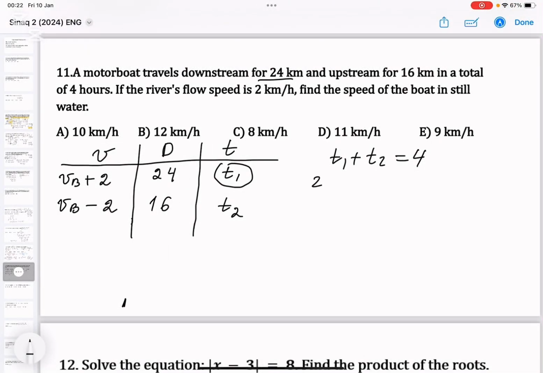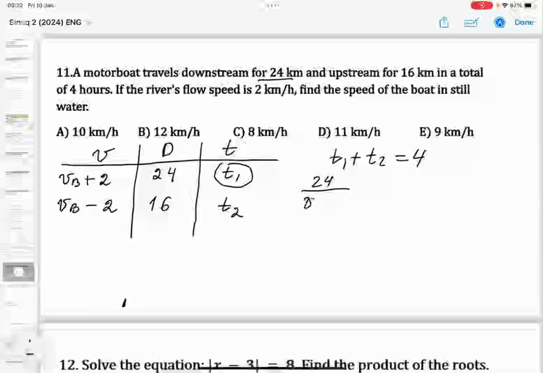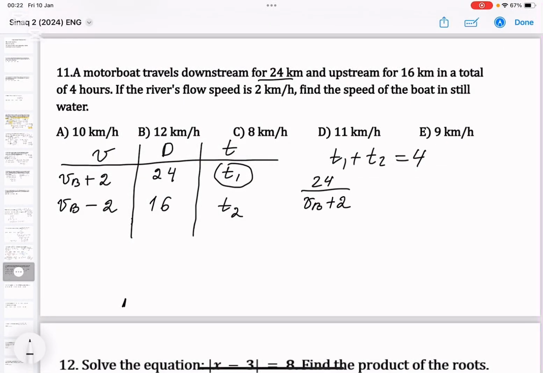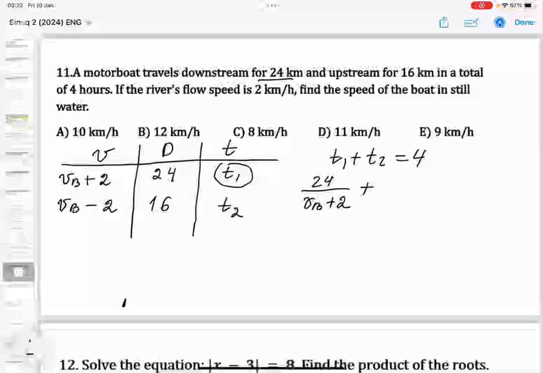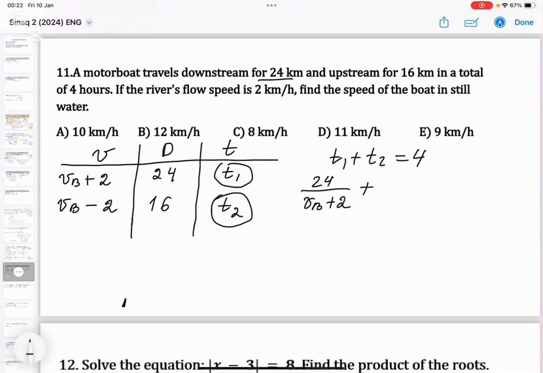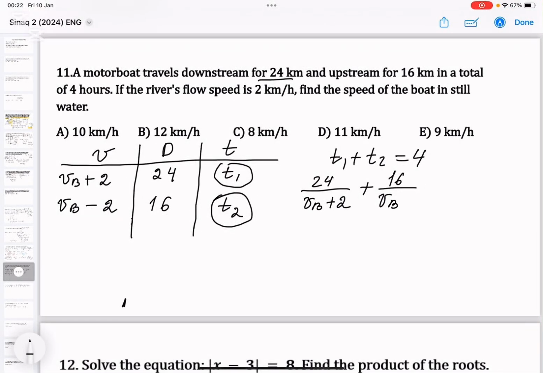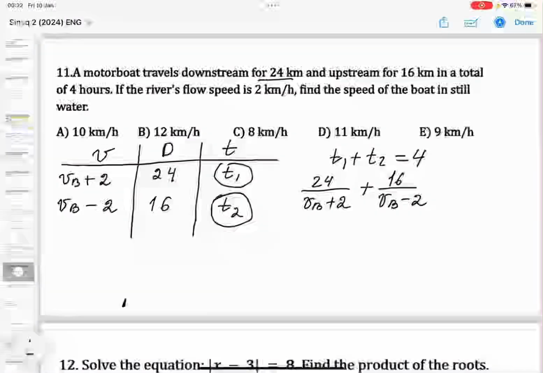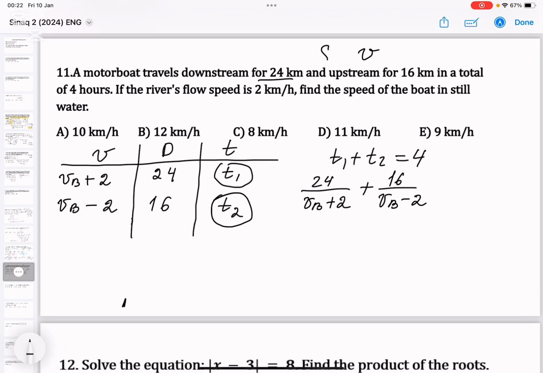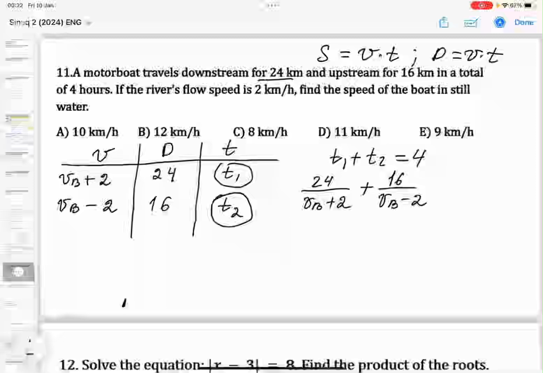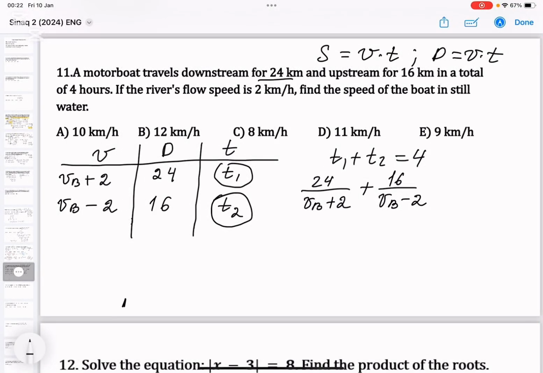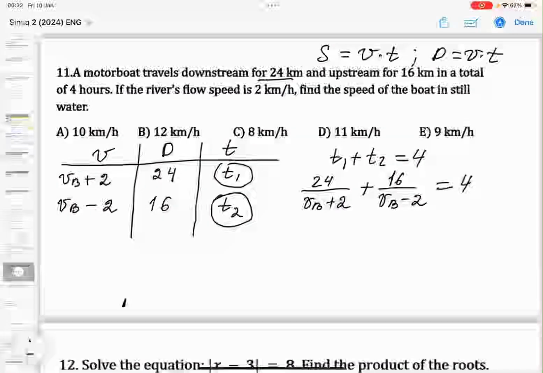T1 is 24 divided by the speed of the boat plus 2, and T2 is 16 divided by the speed of the boat minus 2. Again, guys, I'm using the very basic equation of distance: S equals V times T, or D is equal to V times T. This equals 4.